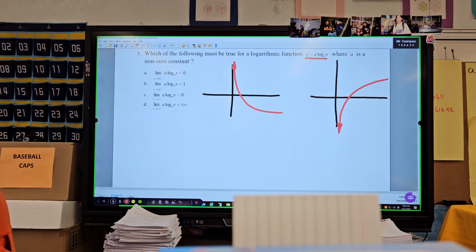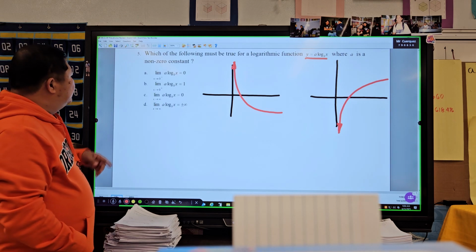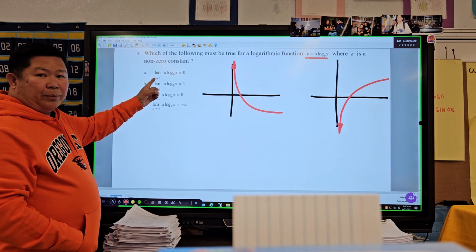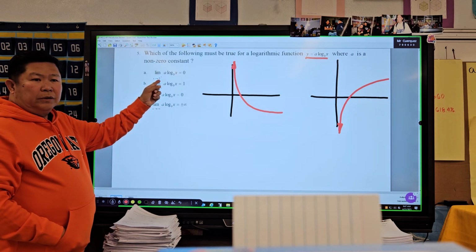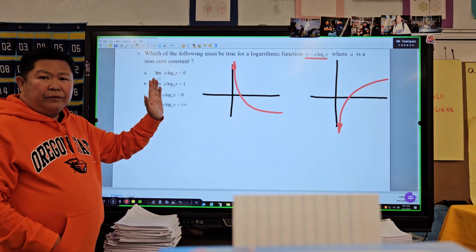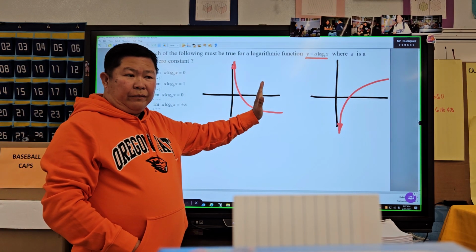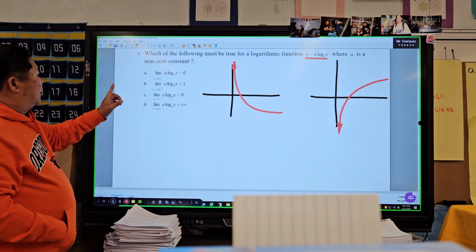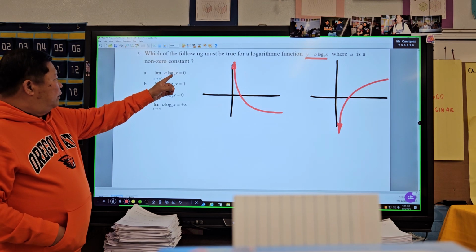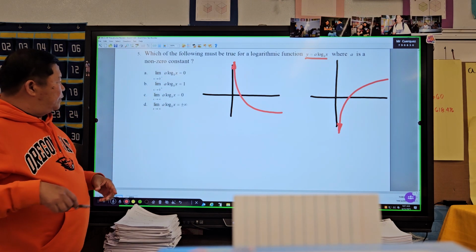Okay, it says the limit as x approaches 0 from the right, of a log of x to the base b, is equal to 0.